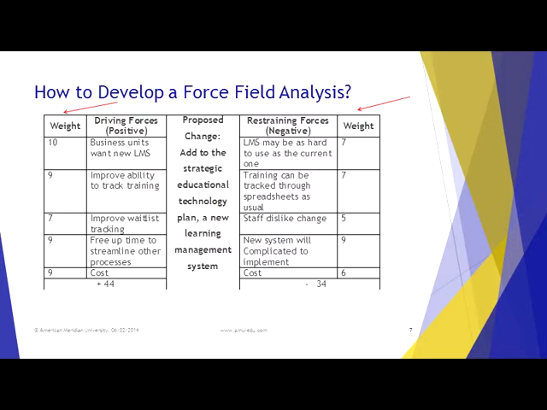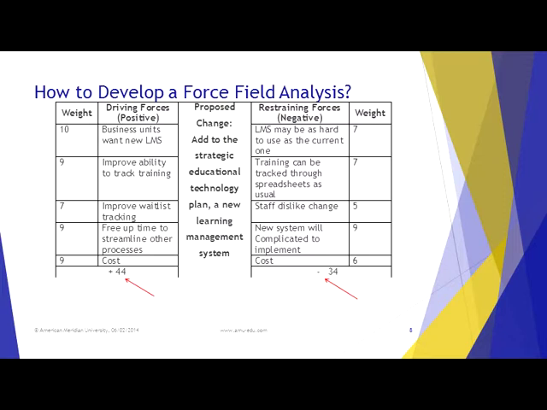After the forces have been validated, you're sure that those are the actual forces, you're going to want to weight each one with a 1 through 10 assigned score. This is very important, so it is important to be careful and think through the process well.